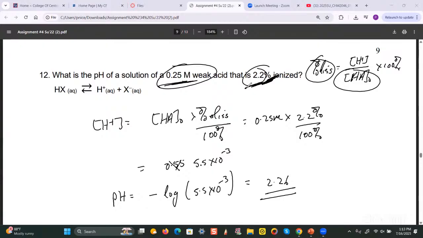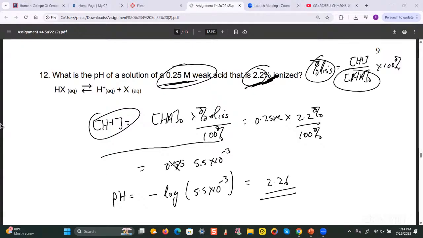You see what I'm saying? They gave you that already. What the question is asking for is a pH. To find a pH, we need to find the concentration of H plus. So that's why I arrange this equation like this, plug the numbers in, get the H plus concentration and then get the pH. Okay, any other questions about this one? Any other questions?